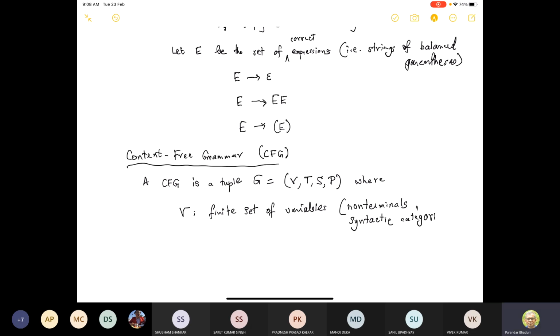If you're talking about natural languages, the syntactic categories are things like noun phrase, noun, verb, adjective, adverb, and so on. Those are known as variables in our terminology. And T is a finite set of symbols called terminals.